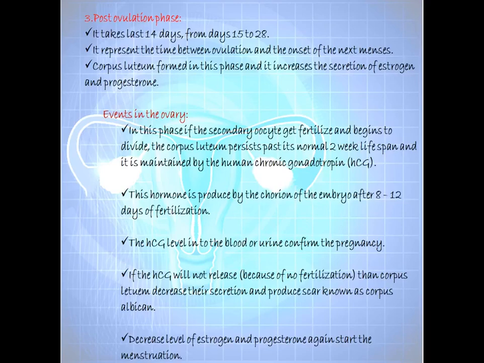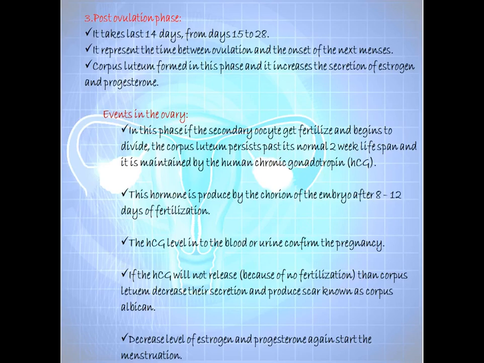Now, events in the ovary. In this phase, if the secondary oocyte gets fertilized and begins to divide, the corpus luteum persists past its normal 2-week lifespan and is maintained by human chorionic gonadotropin. This hormone is produced by the chorion of the embryo after 8 to 12 days of fertilization.